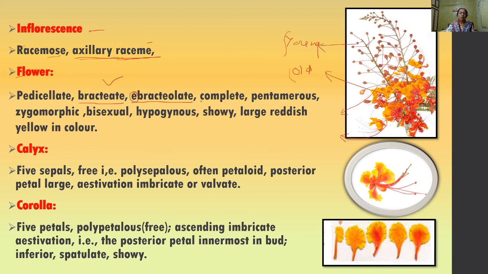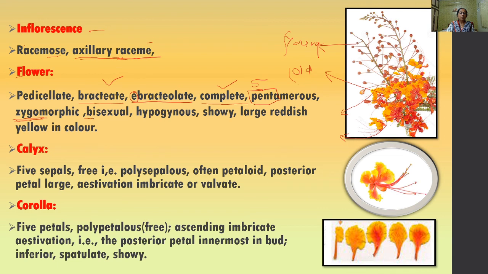As the flower consists of all the whorls, that is calyx, corolla, androecium and gynoecium, we call the flower complete. All the whorls consist of members which are 5 in number, or in multiples of 5, hence we call it a pentamerous flower. As the sepals and petals have irregular shapes, and each sepal is not of the same size and shape, the flower is not actinomorphic, it is zygomorphic in nature.